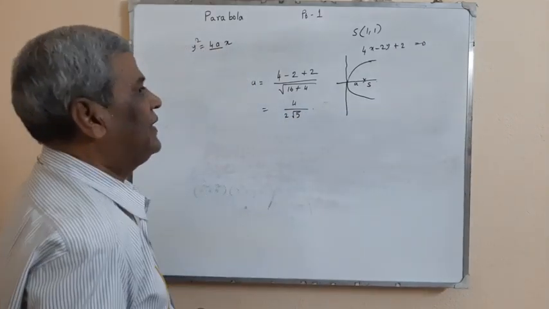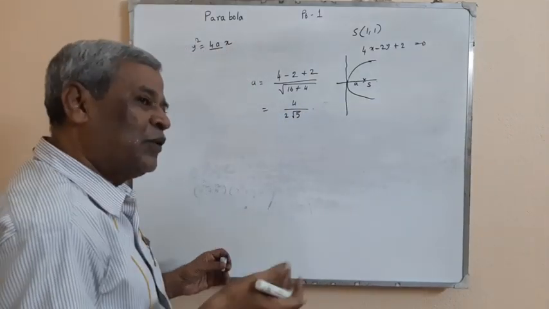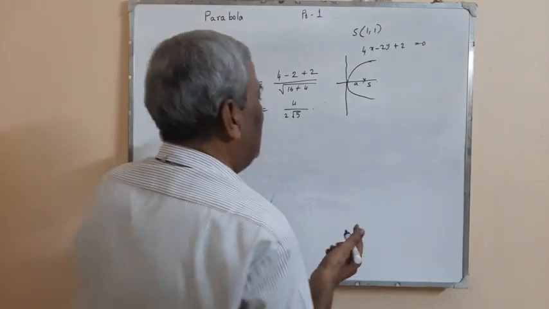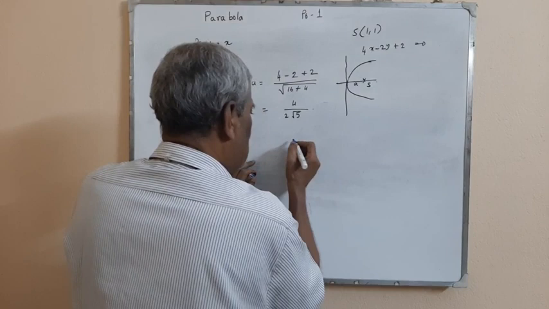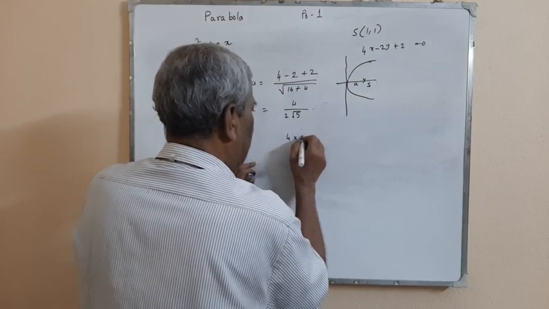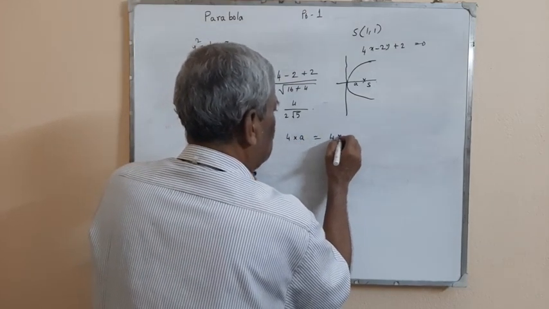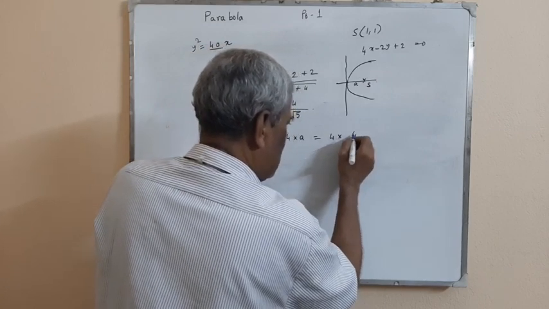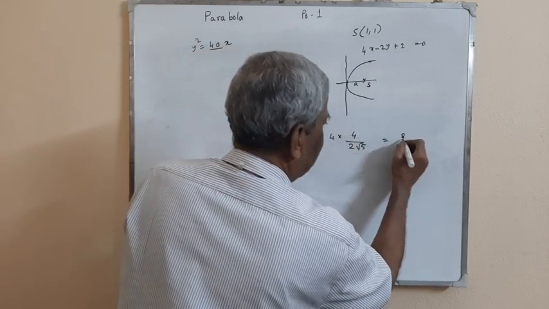That is our a. So without knowing the equation of the parabola, we can obtain the length of the latus rectum, which is 4a, equal to 4 into 4 by 2 root 5. That is 16 by 2 root 5, that is 8 by root 5.